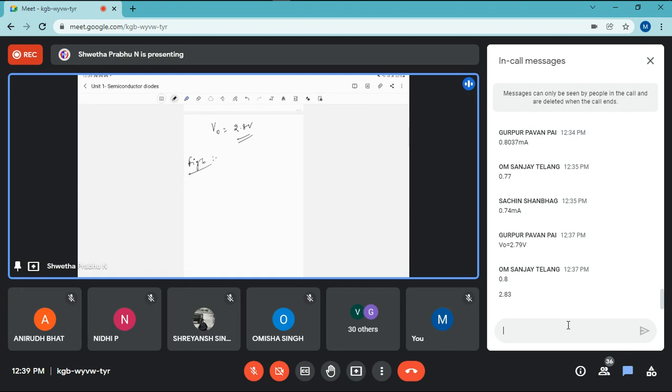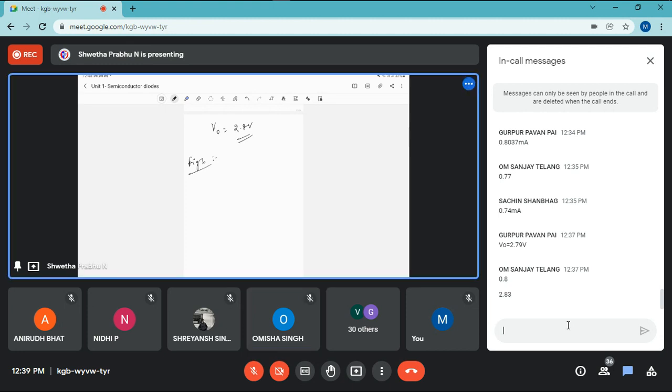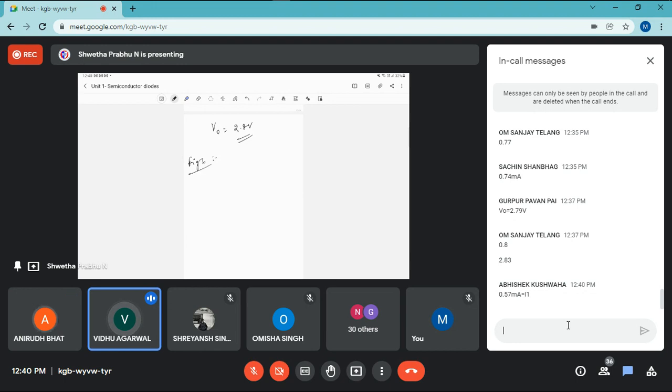Loop current, how much did you get? Ma'am, across D1, it's 5.6 milliampere. No. Across D1, I got 0.228 milliampere.